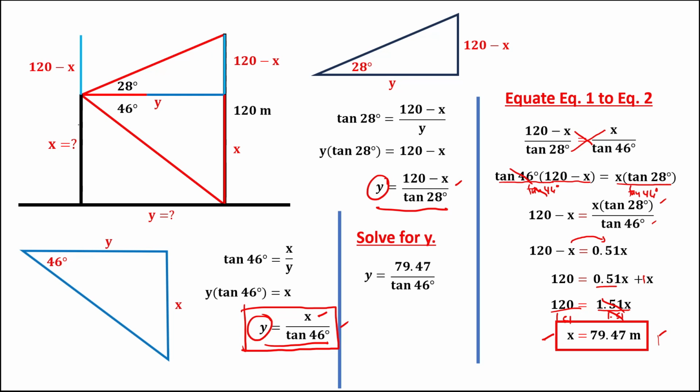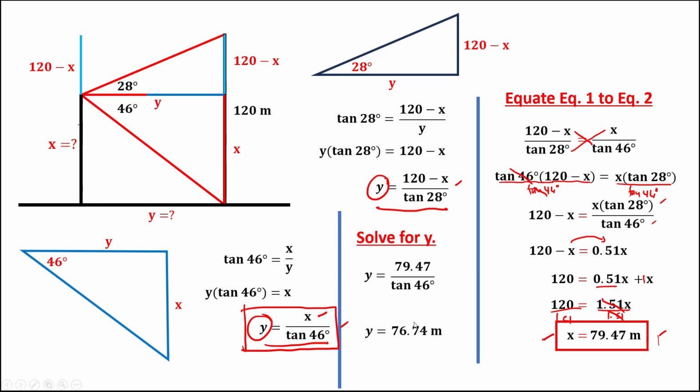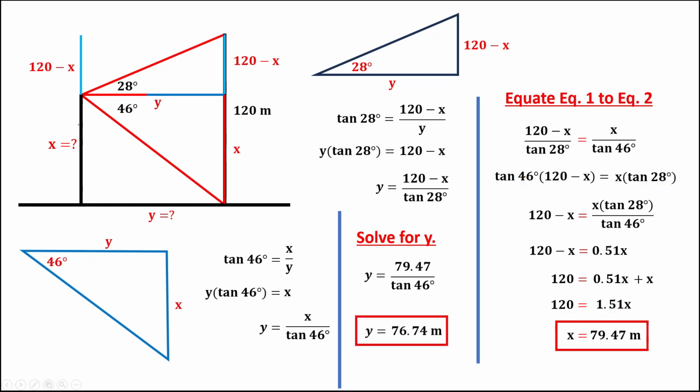So 79.47 divided by tangent 46 degrees equals, so y equals 76.74 meters. So these are now the values for x and y.